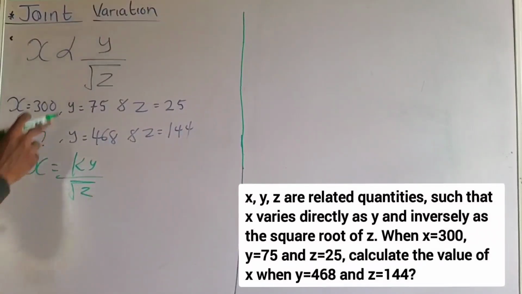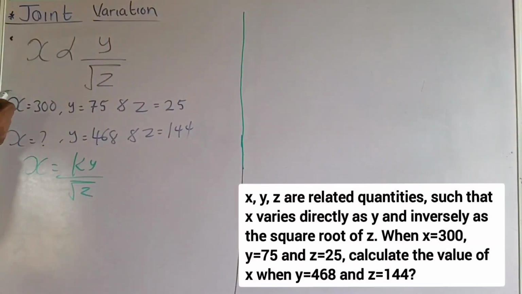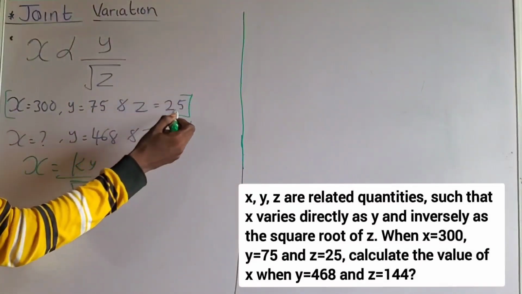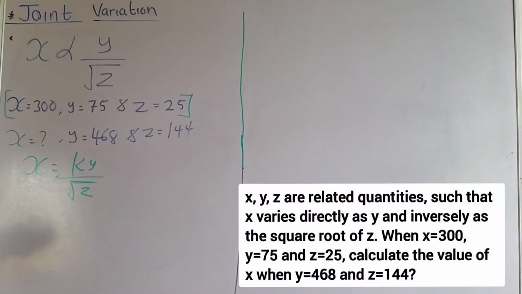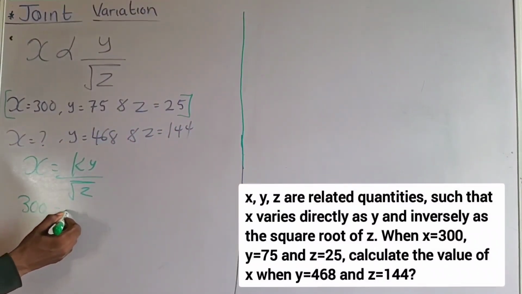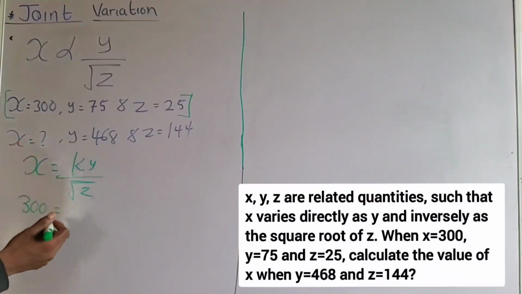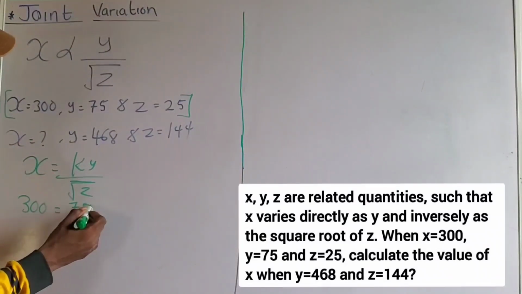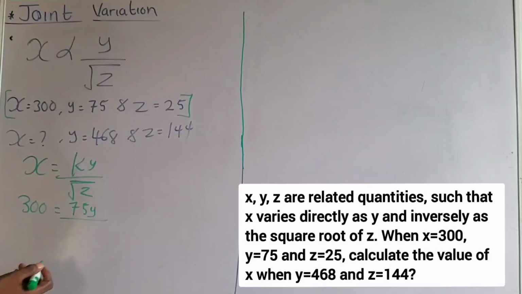So having changed these variation signs to an equals to sign, we need to find the value of k with respect to the first parameters that we are given as the value of x, y, and z. So x is 300, so I'm going to have 300 equals to ky. Y is 75, so I'm going to have 75y all over root of z.